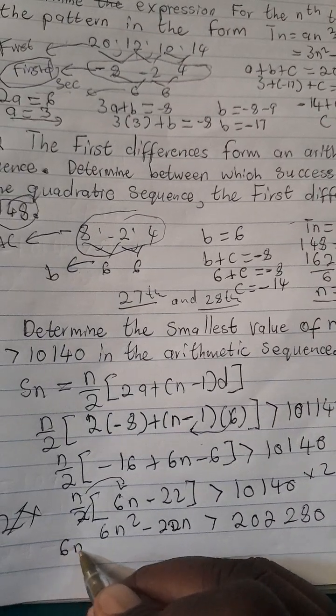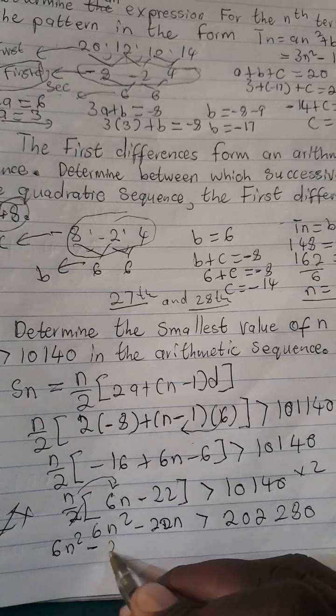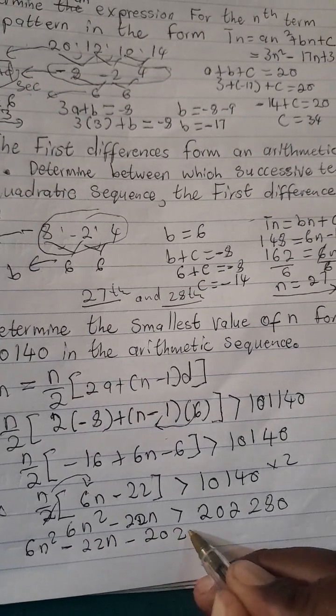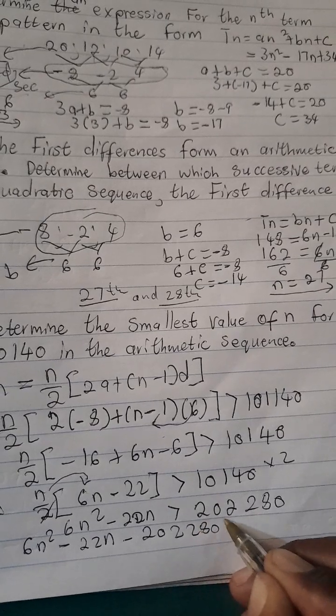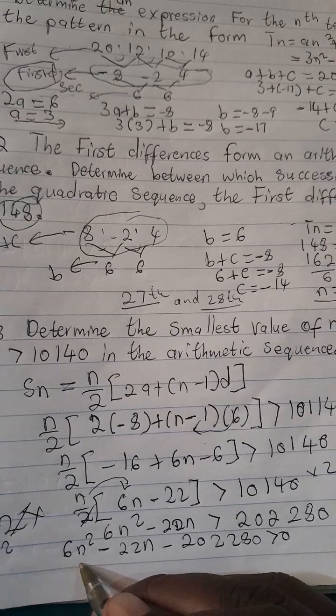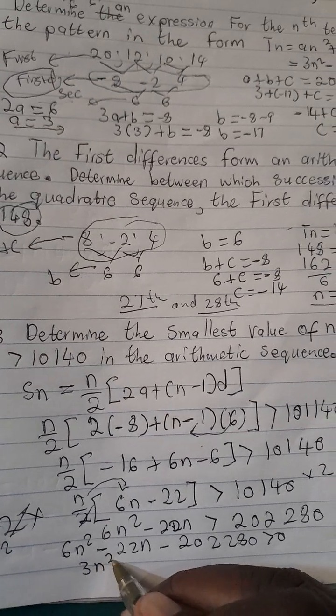Then we're going to have 6n squared minus 22n minus 20,280 greater than 0. We are going to divide everything by 2 so that we can simplify this further.